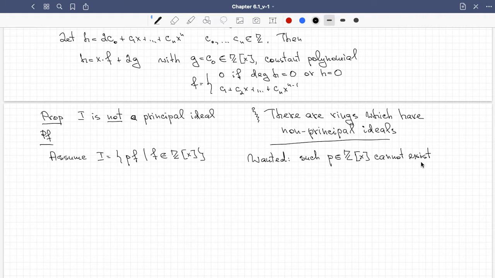How do we prove that? In particular, these are all P times a polynomial, all elements of I.